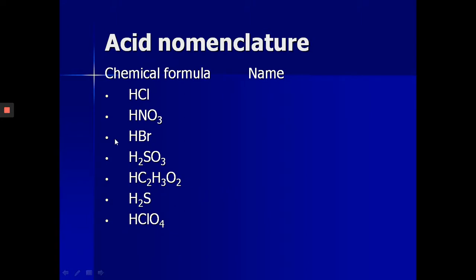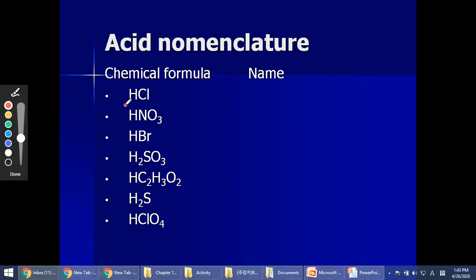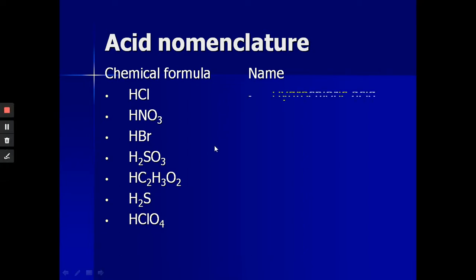Here, we're going to take a look at the first one. You have HCl. It starts with hydrogen, so this is definitely an acid. You have hydrogen with chlorine, which is chloride, and since it ends in -ide, you use the first rule, which makes this hydrochloric acid.